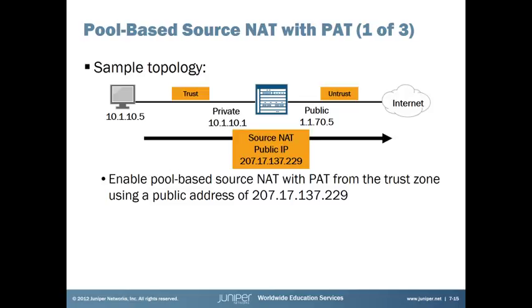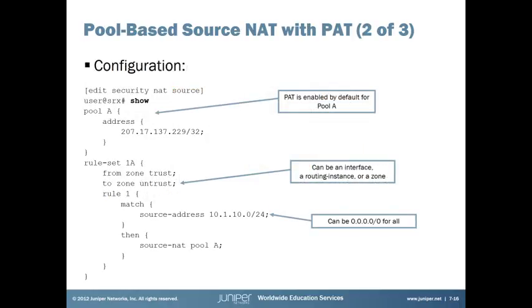This is pool-based source NATing, where we may have a pool of addresses, with PAT from a trusted zone using a public IP address 107.17.137.229. First, we have to define our pool. In this case, we've only got one address in the pool anyway, so it has a similar effect.